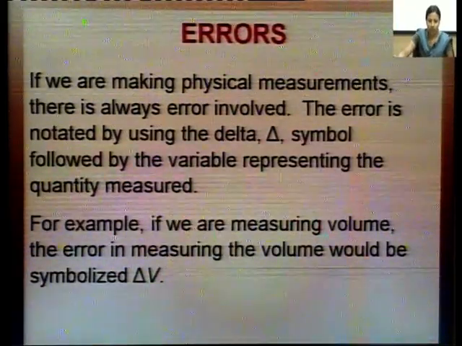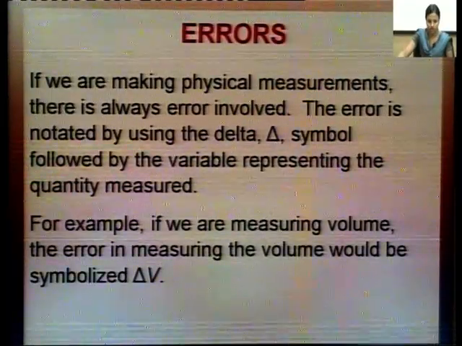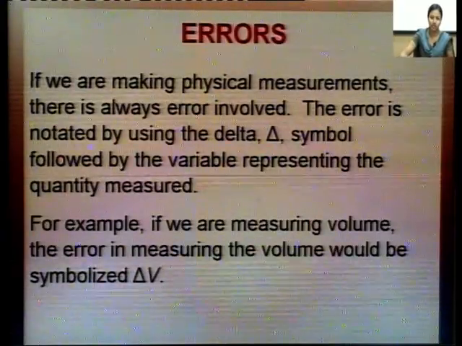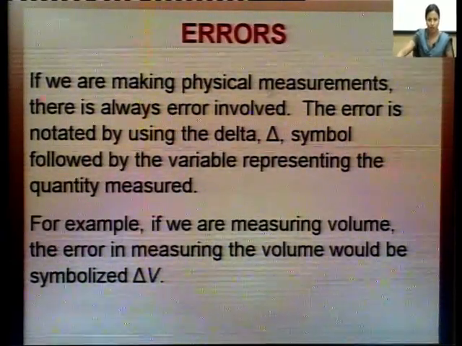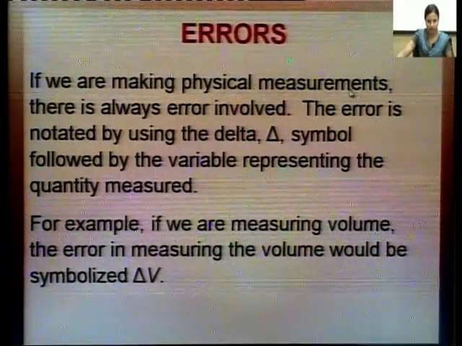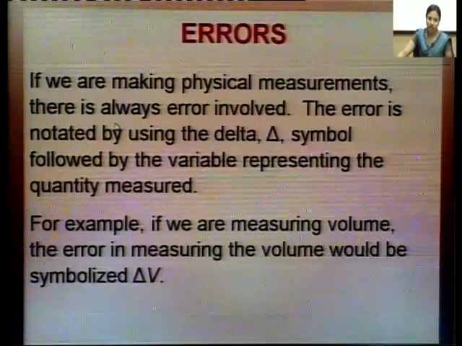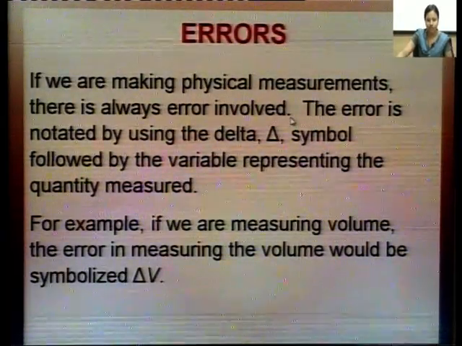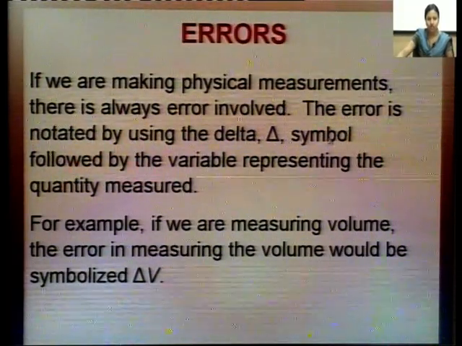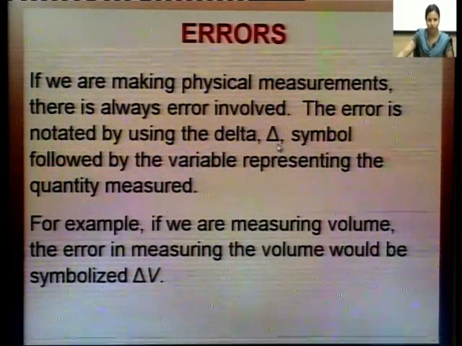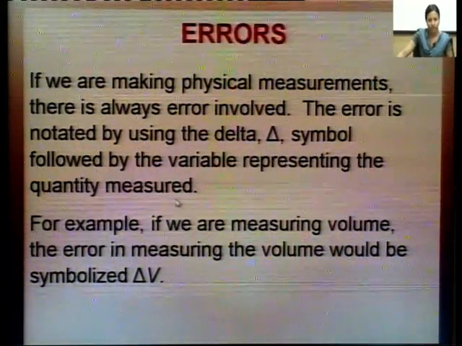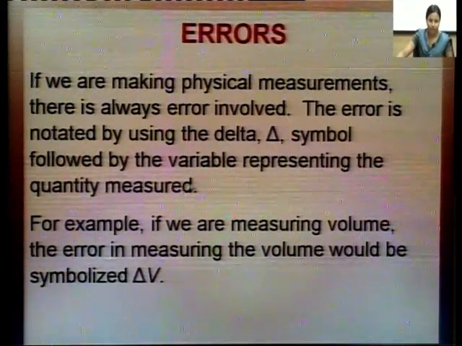Now we come to the theoretical definition of error. If we are making a physical measurement, that is, measuring a physical quantity, there is always an error involved in the measurement. This error is denoted by the symbol delta followed by the variable we are measuring.